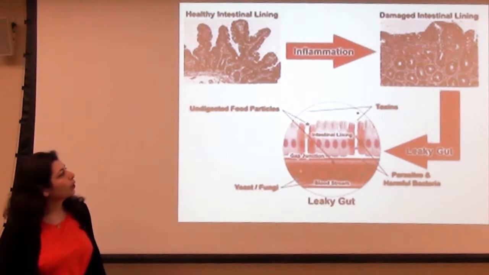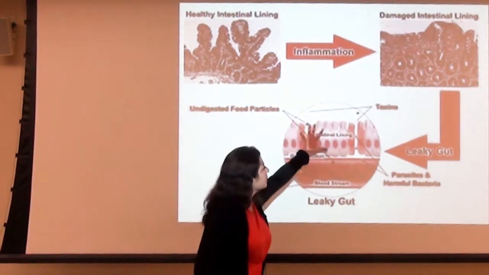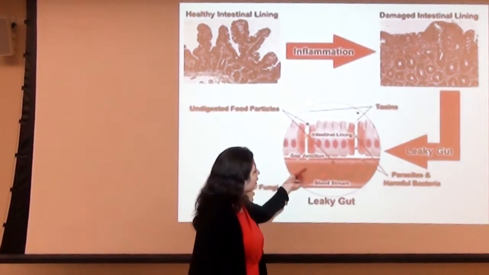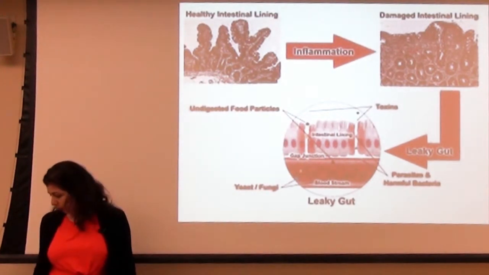And then this picture kind of goes over what the leaky gut is. So here is one cell in your intestines, here's another cell, and you could see there's like these holes. So these large molecules enter the blood, and then it causes these inflammatory reactions that we call allergies.